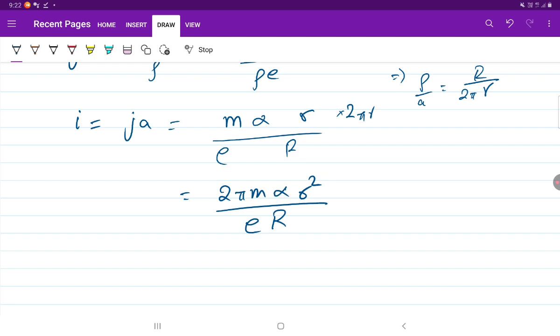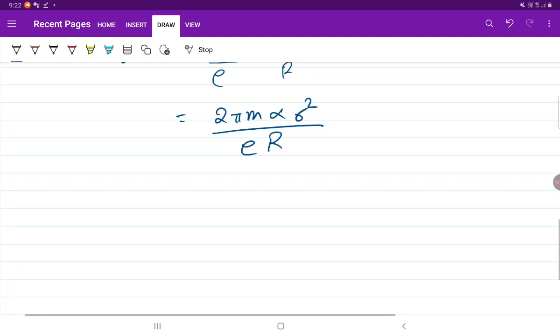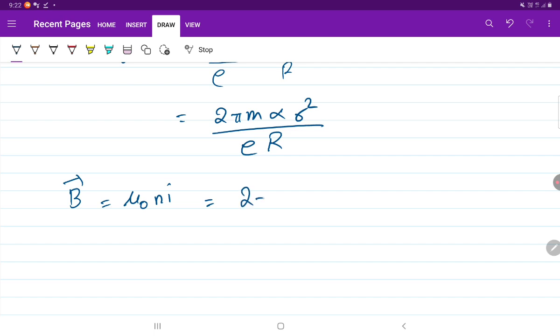When the steady state is attained, this will be the current flowing through the wire due to the motion of the coil. Now you know the magnetic field. It's easy to derive. The magnetic field B for a solenoid is given as mu naught n I. Just substituting the formula, we get B = 2 pi mu naught m n alpha r squared by e R. And that's the answer.